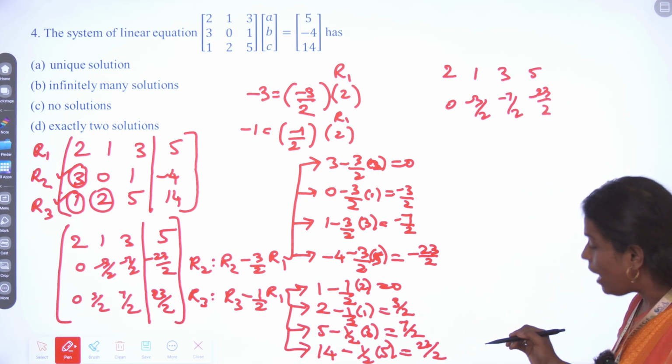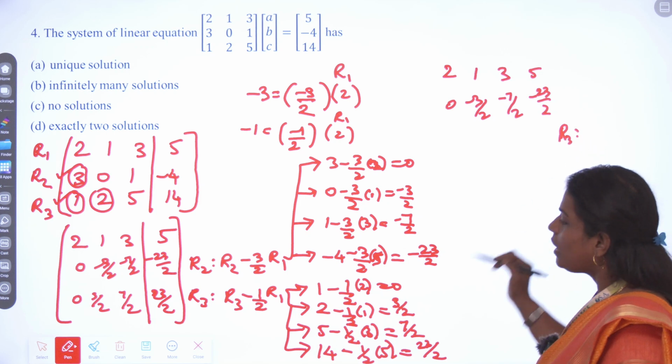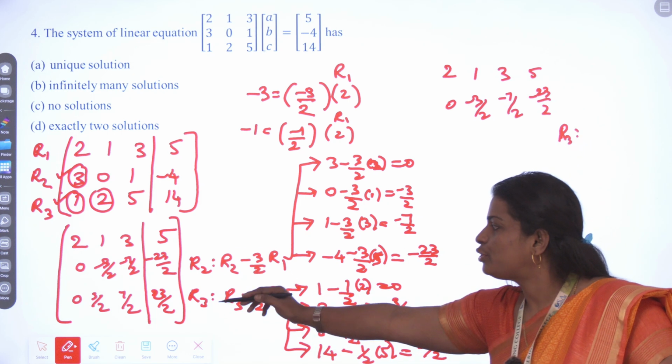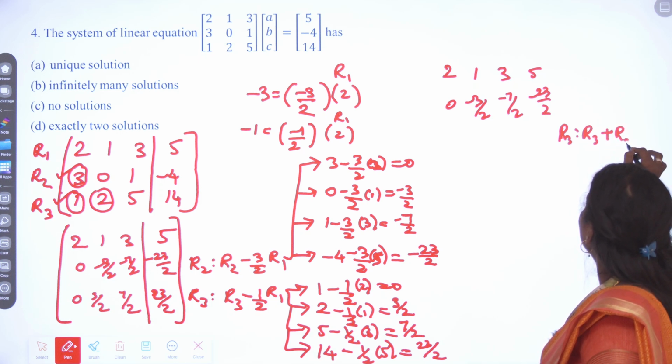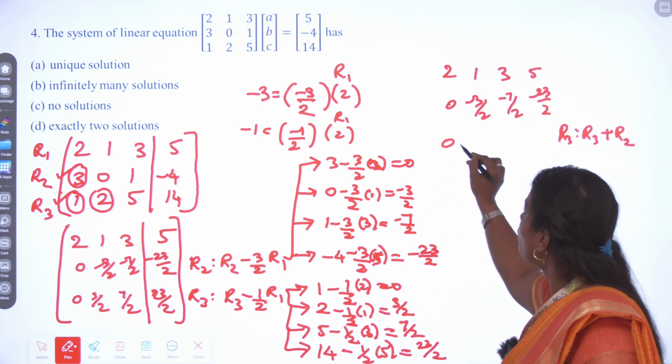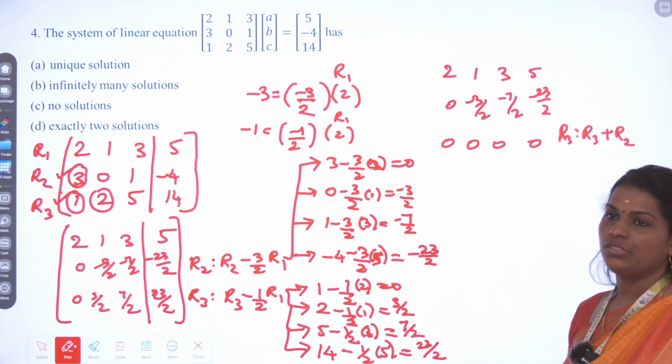And now the third row, R3. We shall add those two directly: R3 plus R2. So that gives 0, 0, 0, and again here also it is 0.